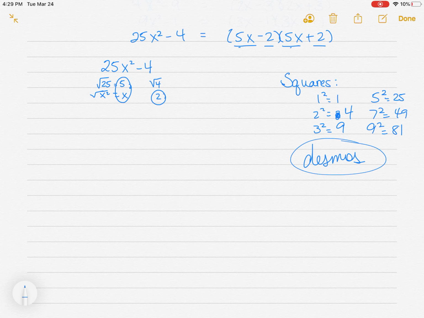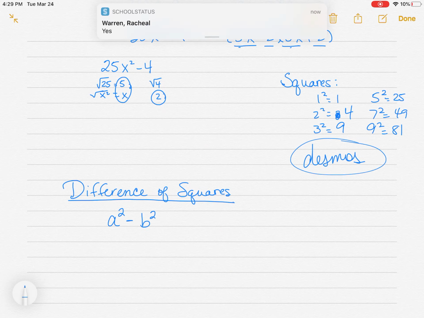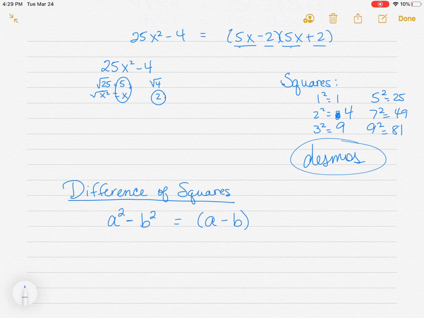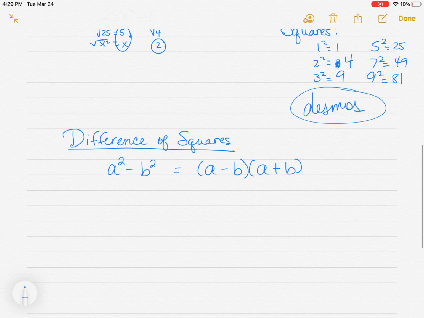So it turns out that because these are perfect squares and they're subtracted, I have a difference of squares. So if I have something squared minus something else squared, I can factor that to a minus b times a plus b every single time, right?